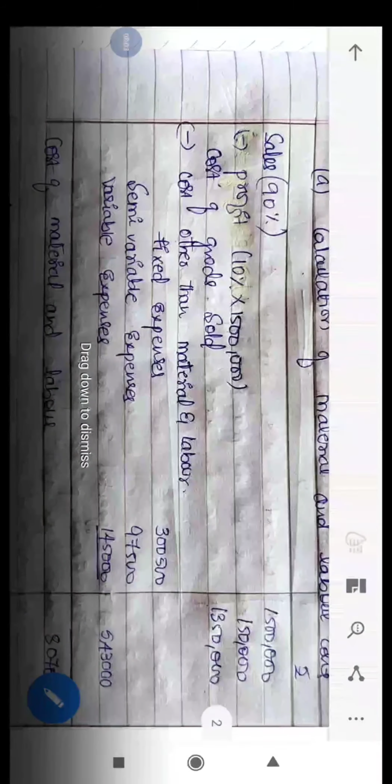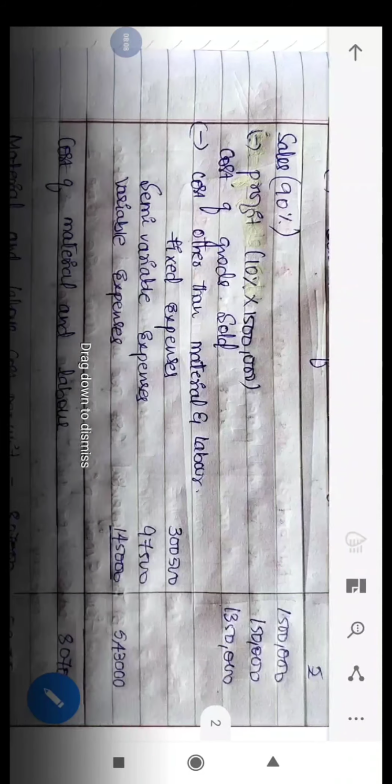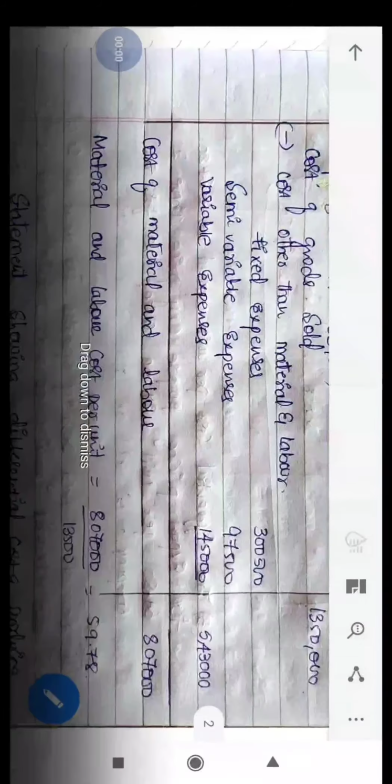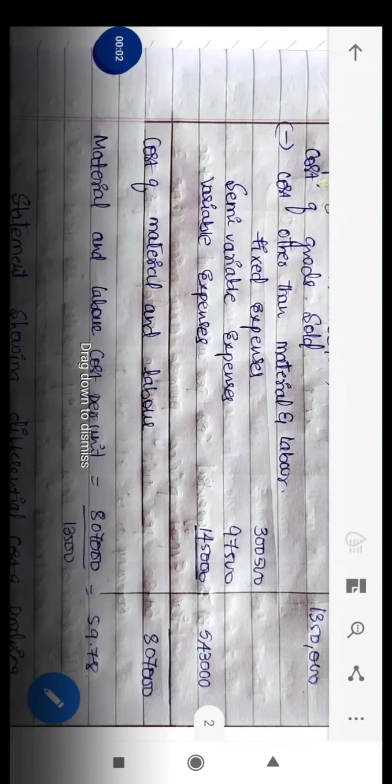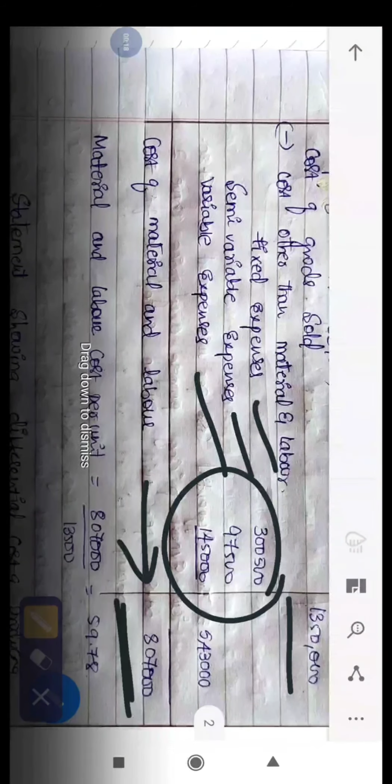So from the cost of goods sold, if we deduct all these expenses, that is the fixed, semi-variable and the variable expenses, the final figure will be 8,07,000.